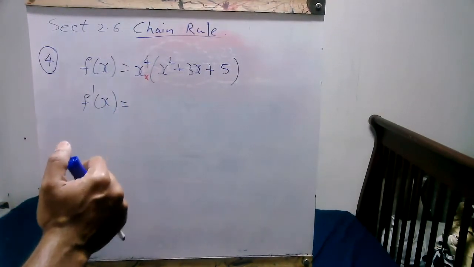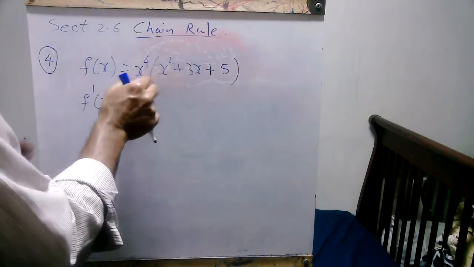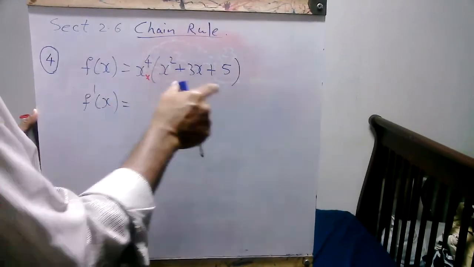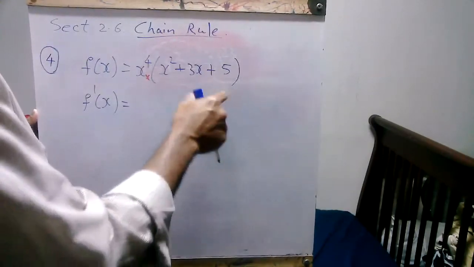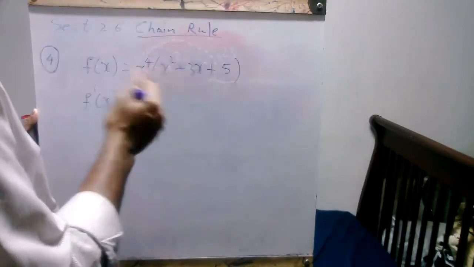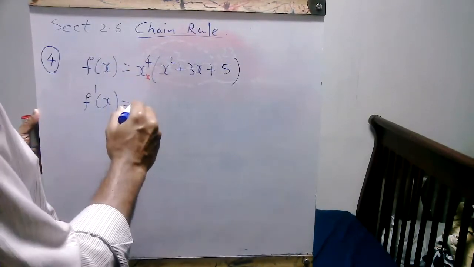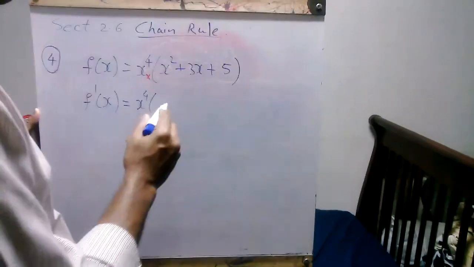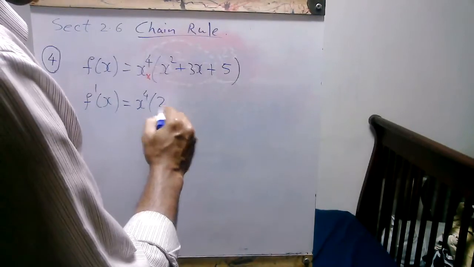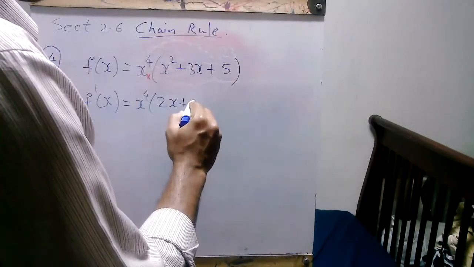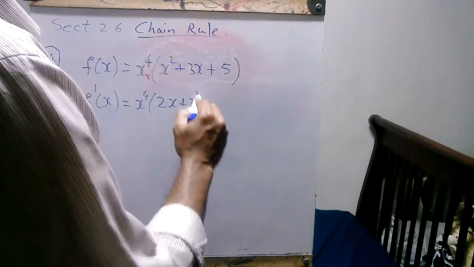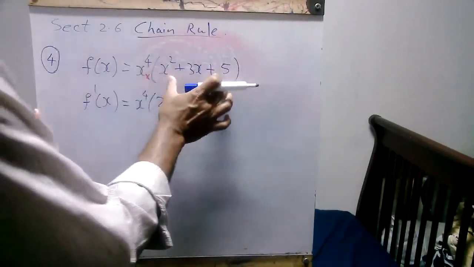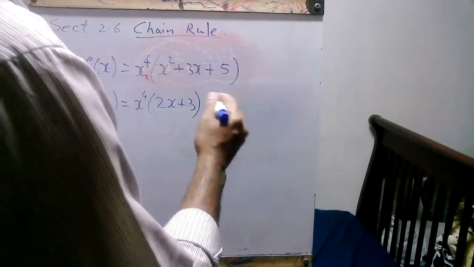So what does the product rule say? When this is u and v: u times the derivative of v plus v times the derivative of u. Let's do that. This times the derivative of the second function, which is 2x plus 3, plus the second function, x squared plus 3x plus 5, times the derivative of the first function.